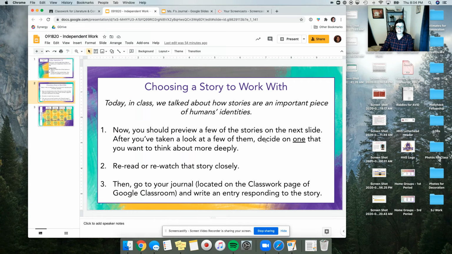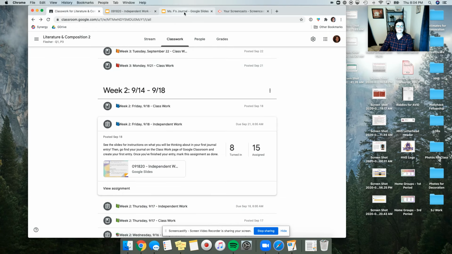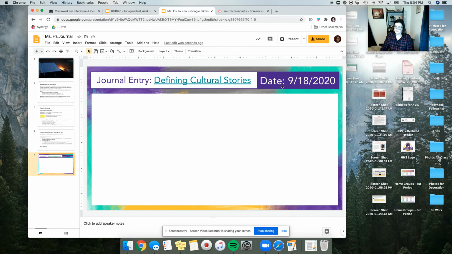After I've taken a look at a few of them, I decide on one that I want to think about more deeply. Then I want to reread or rewatch that story closely, go to my journal, and write an entry responding to the story. I know that my journal entry has already been put in here for the day because my teachers told me that.